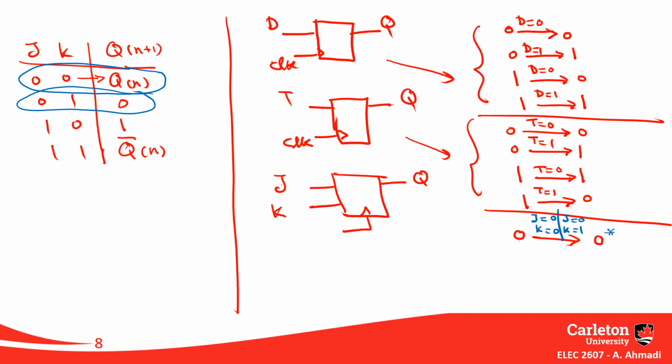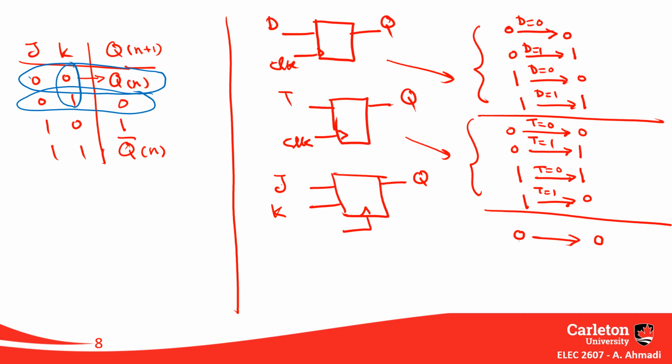Okay, now I can make this even better. If your current state is 0 and you want to stay the same, you don't want that state to change, transition from 0 to 0, the only thing you need to do is, K doesn't matter whether it's 0 or 1, right?